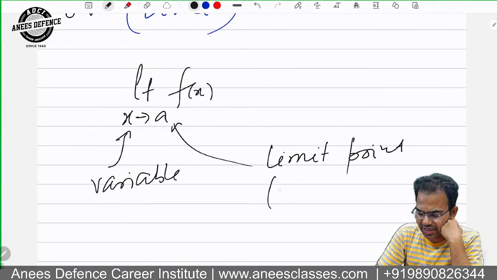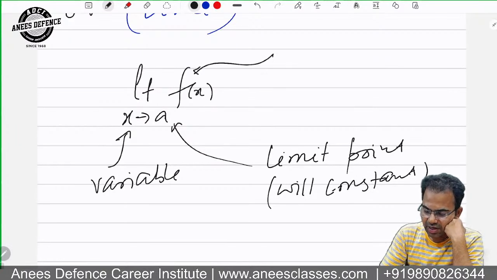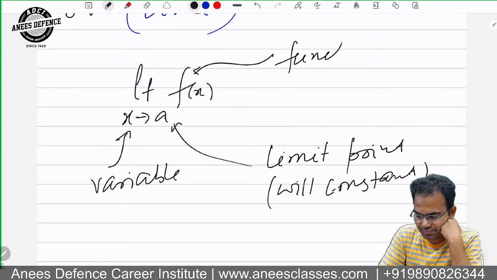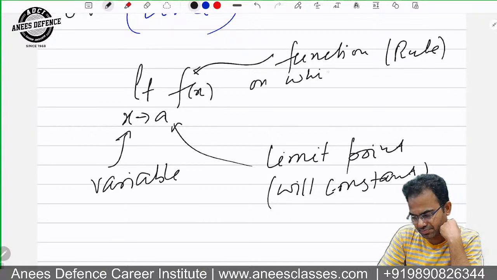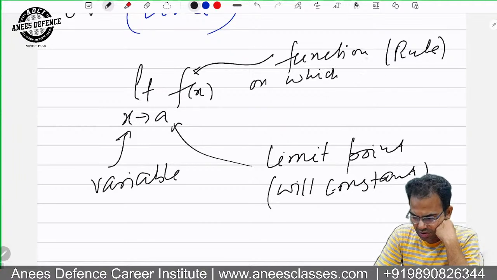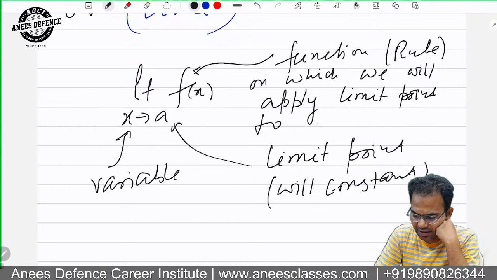The limit point will be a constant. f is the function or rule on which we will apply the limit point to find the limit.